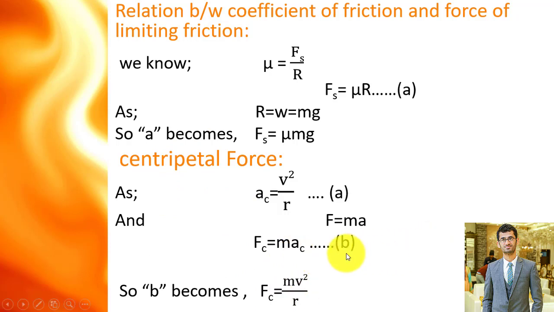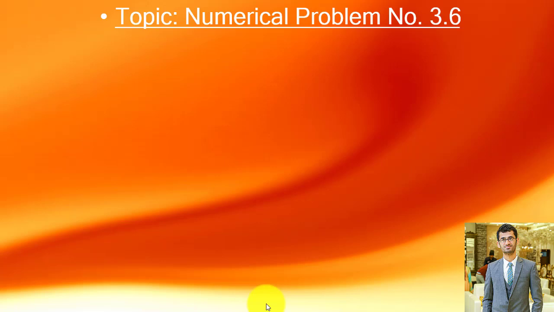Say this is equation B. So putting the value of centripetal acceleration from equation A to equation B, we get Fc = m v² / r. This is the expression for the centripetal force. Now let's move on to our today's topic, that is numerical problem number 3.6.